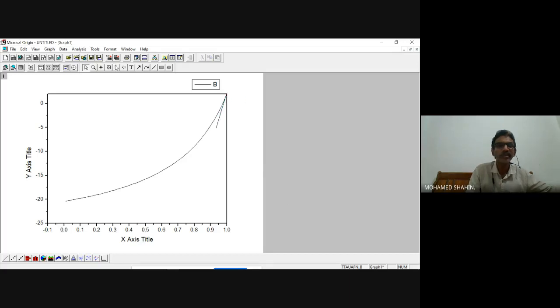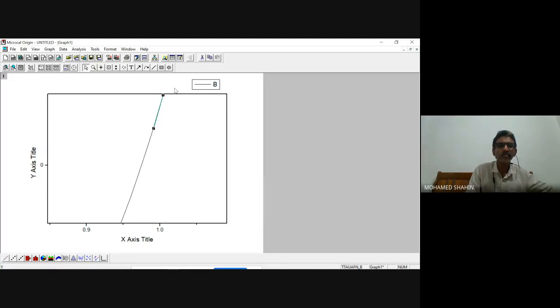If you magnify this region and try to find the slope, there are certain graphs that will be going like this. Another one would be going like this. So here the slope is more, slope is less.